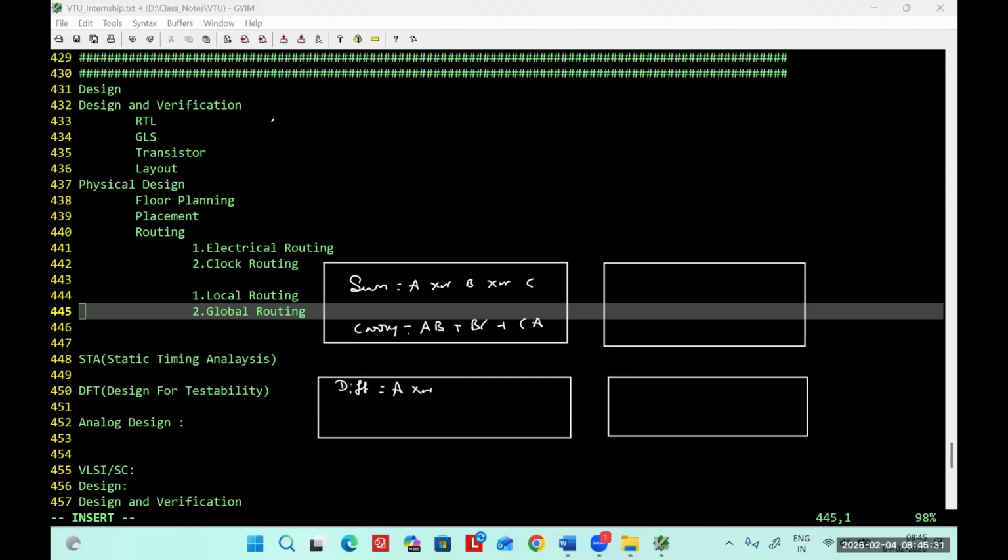Difference equals A XOR B XOR C, borrow equals A bar B plus BC plus C A bar. You can cross check. This is your subtraction, this is your addition. Now, C equals A plus B, C equals A minus B.